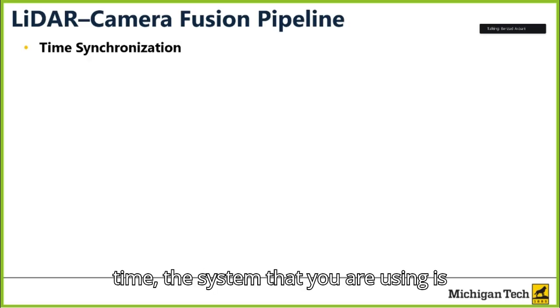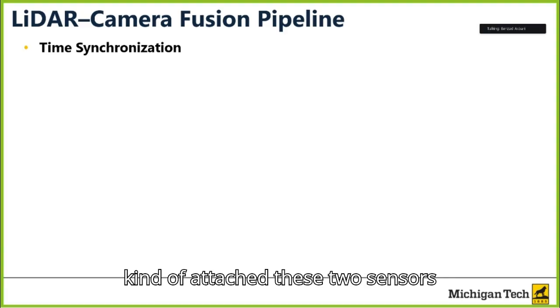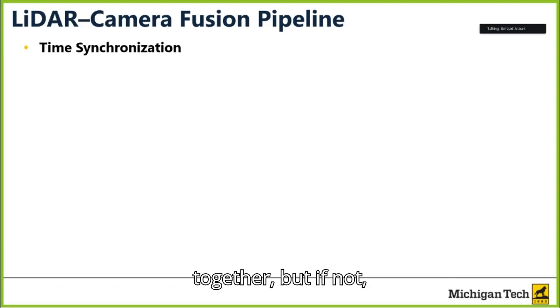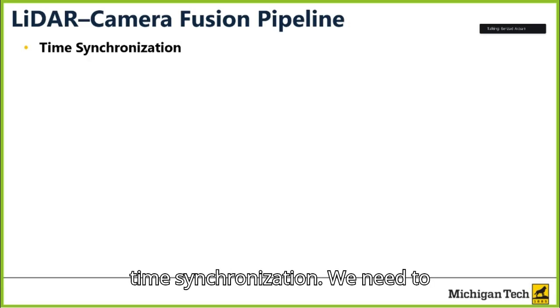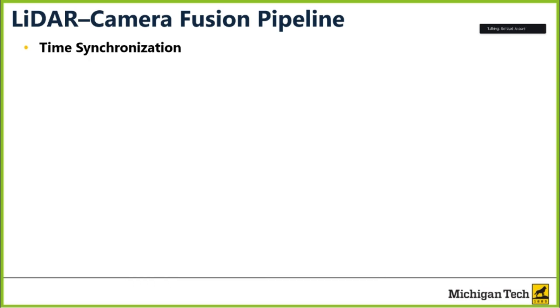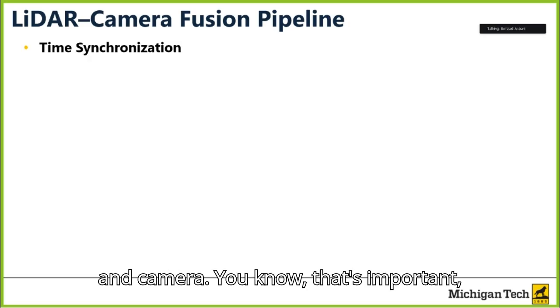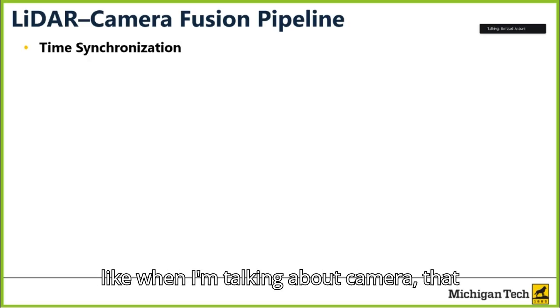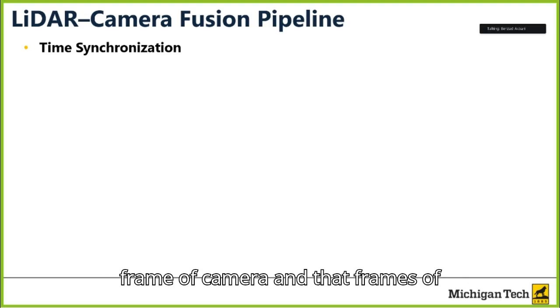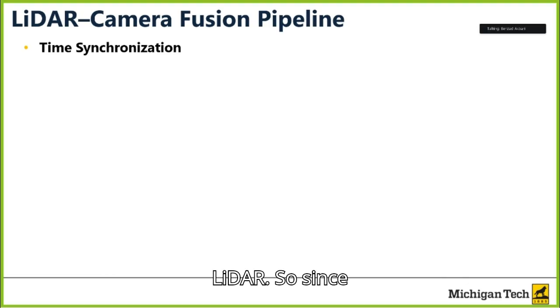Most of the time, the system that you are using has these two sensors attached together, but if not, the process is still the same. The first step is time synchronization. We need to synchronize time between LiDAR and camera, meaning the frames of the camera and the frames of LiDAR.